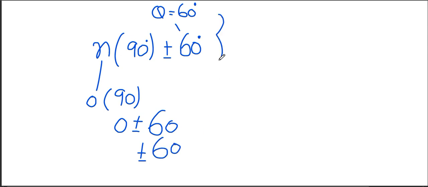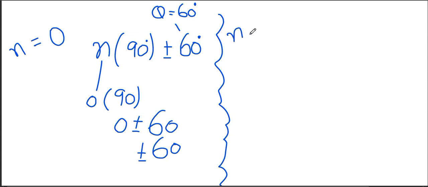Similarly, you will move forward with the procedure. Now you did n equals 0 here. Now put n equals 1 here. That will be a bit complicated, but again very easy.